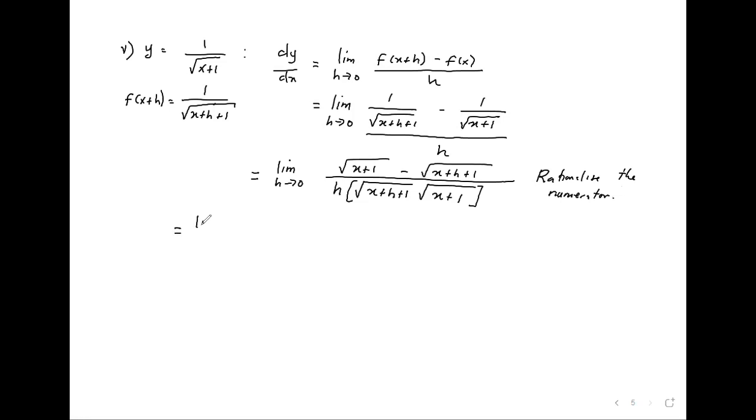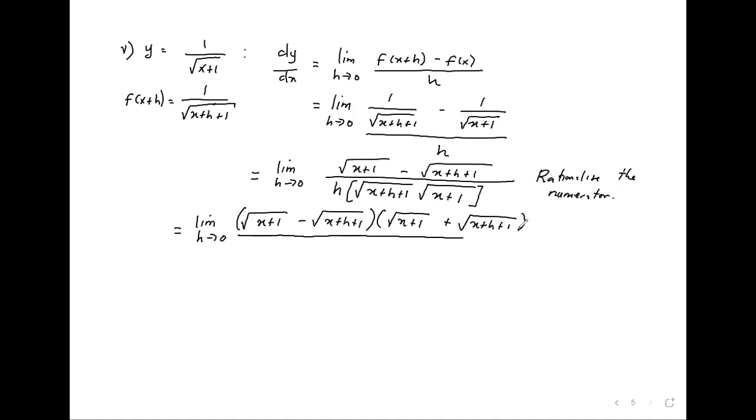So we'll have the limit as h goes to 0 of root of x plus 1 minus root of x plus h plus 1, multiplied by root of x plus 1 plus root of x plus h plus 1, over h, root of x plus h plus 1, root of x plus 1, root of x plus 1, root of x plus h plus 1.